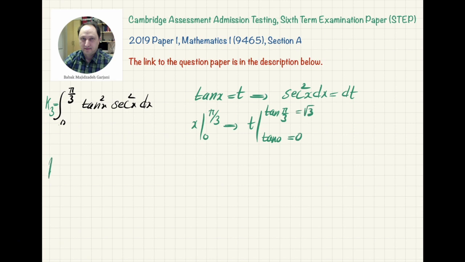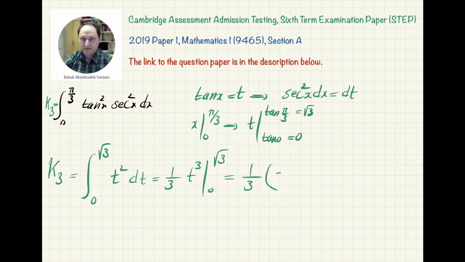So the k3 integral becomes the integral from 0 to square root of 3, and then instead of tangent I put t, so it becomes t squared. And then the next part, secant squared dx, is just simply dt. And then it becomes 1/3 t to the power of 3 from 0 to square root of 3. So then it becomes 3 square root of 3 over 3 minus 0, which is square root of 3. So k3 is square root of 3.